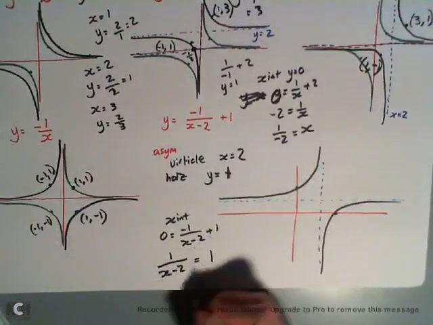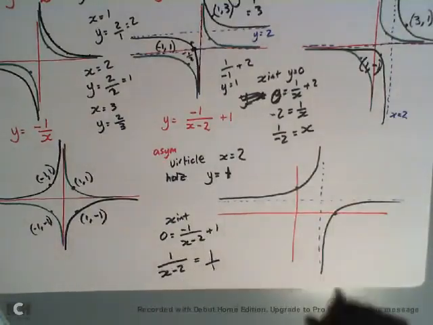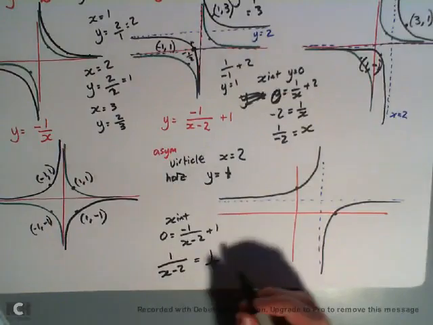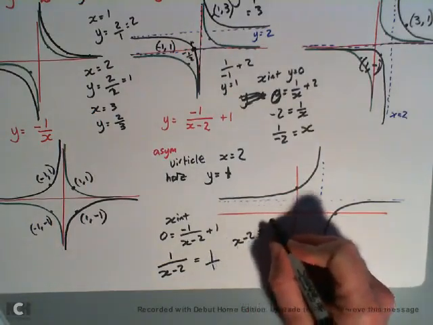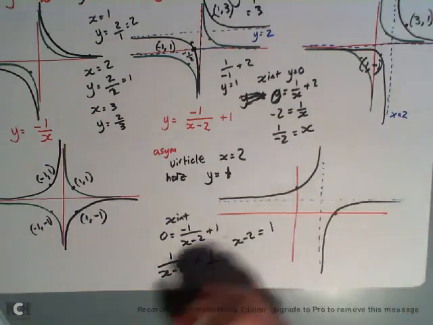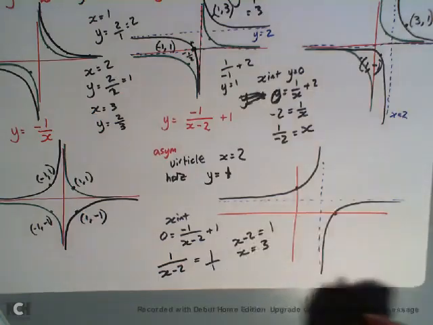And if we make that a fraction, and then we can flip both of them, we'll have x take 2 equals 1 over 1, doesn't matter. Plus 2, so x equals 3.